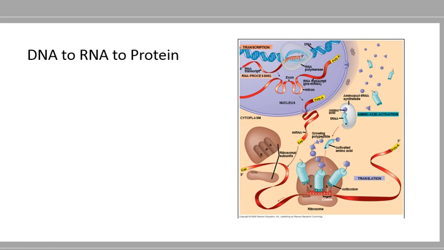So, if you start within the nucleus and you've got the DNA being transcribed into your mRNA, then your mRNA is processed, leaves, and is read by the ribosomes. The tRNA bring in the amino acids, and a polypeptide is eventually formed in a process called translation. Once that polypeptide is folded, that's what we call a protein.